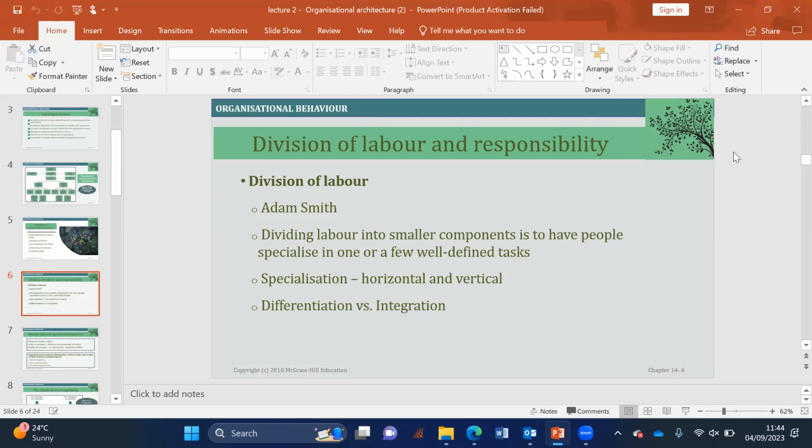If one person is really good at packing, it would be more effective to have them continue to do packing instead of having them do assembly for 1 hour, packing for 2 hours, then handling delivery for 3 hours. It would be more effective to have them do packing in all of those hours. So that's specialization. That person specializes in one task.